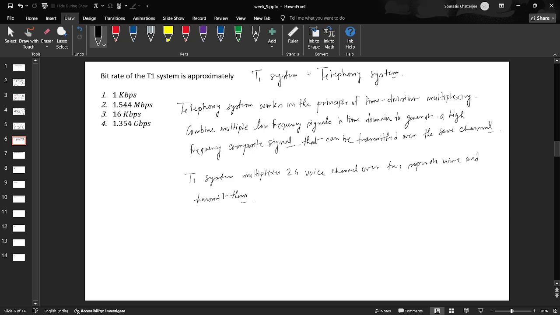So you are not going to focus on this two separate wire part. You basically focus on these 24 voice channels. It is going to multiplex them. That is the goal of the T1 system.